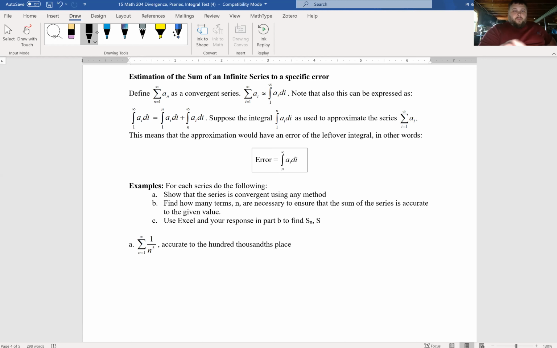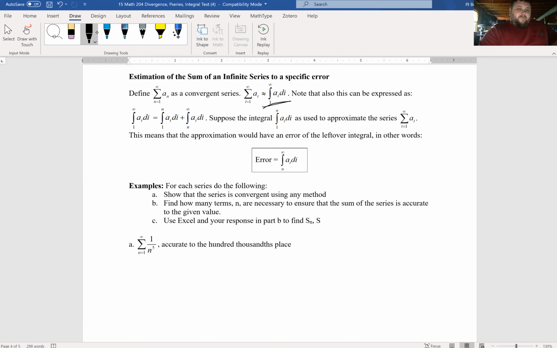So what was done here is you start with a convergent series. They take the series and they translate it into an integral from 1 to infinity. And then they use a property of integration that says, as long as this thing is continuous, then I can split this integral somewhere in the middle between 1 and infinity, and they split it at some value n.